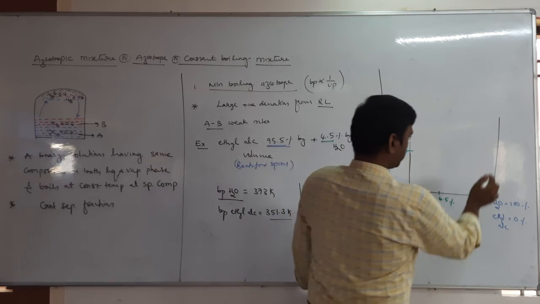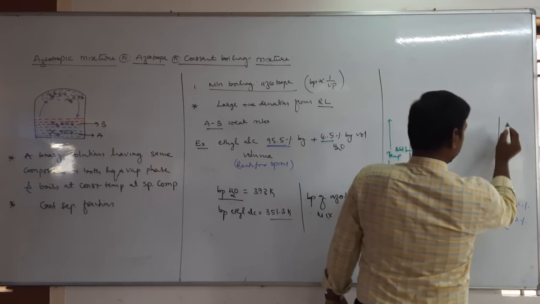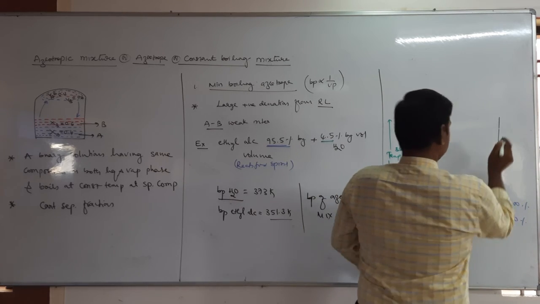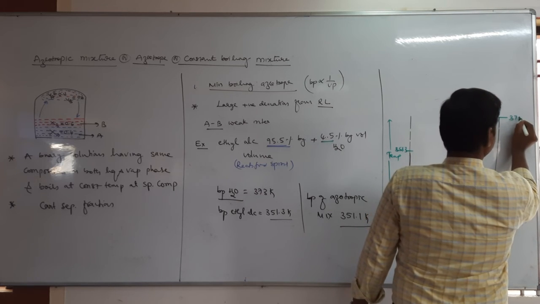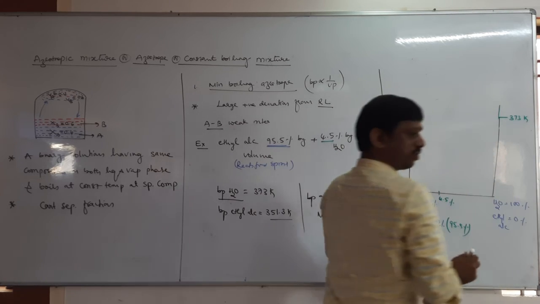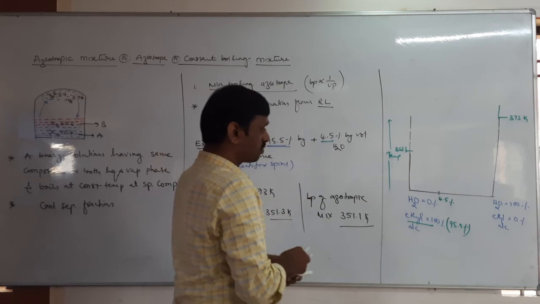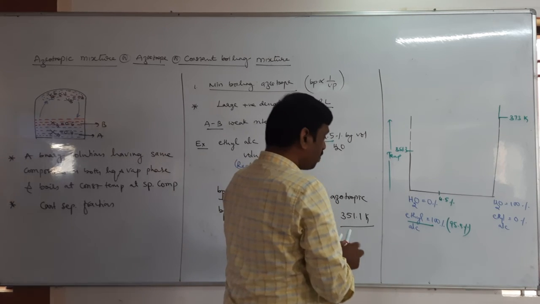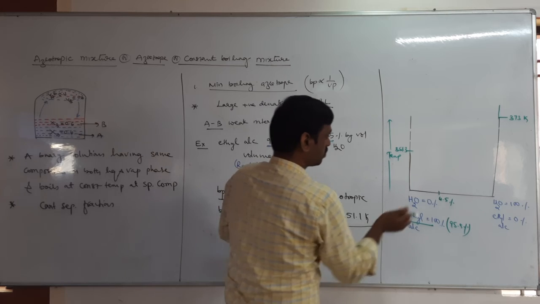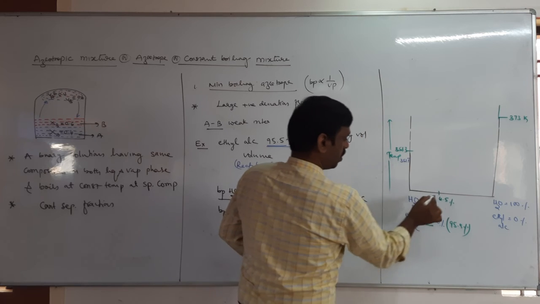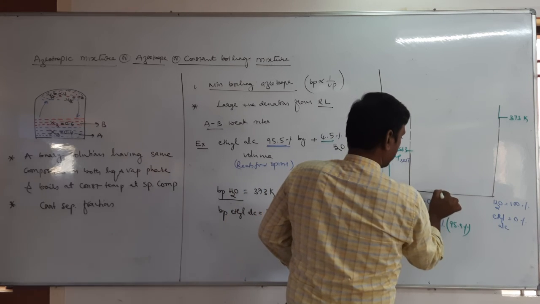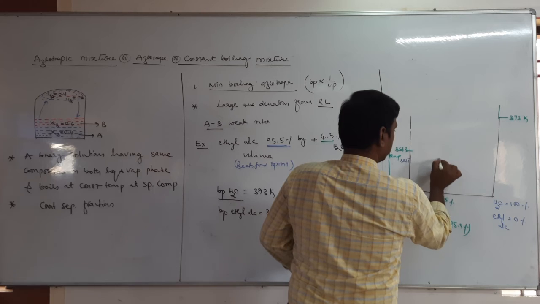And here pure water is there, so the boiling point is 373 Kelvin. Now tell me, what is the boiling point of this solution? Let us take it as 351.1.